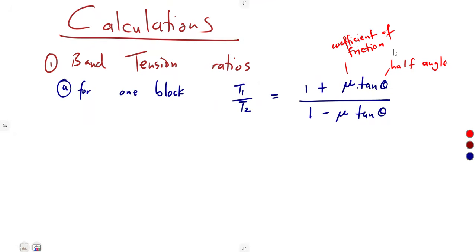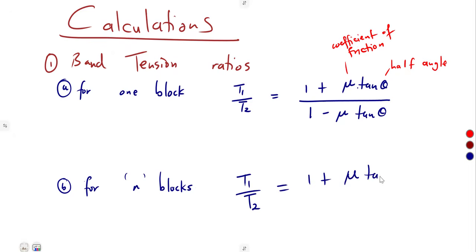So this is it if one block is considered, because it can be considered for a number of blocks. For any number of blocks, whether 10 or 12 of them, it follows that T1 over T2 is equal to 1 plus this as before, but you raise everything to the exponent of the number of blocks.